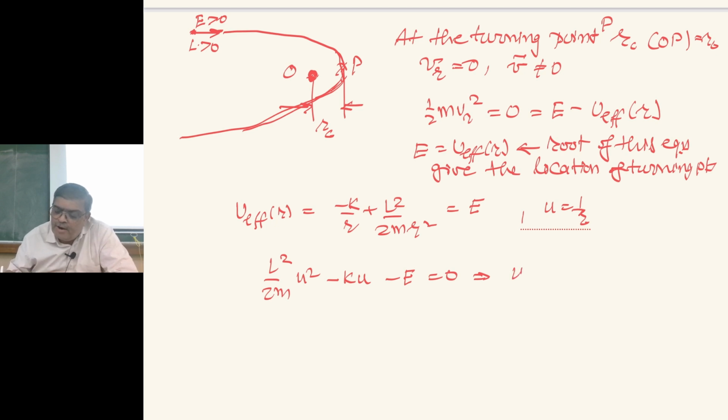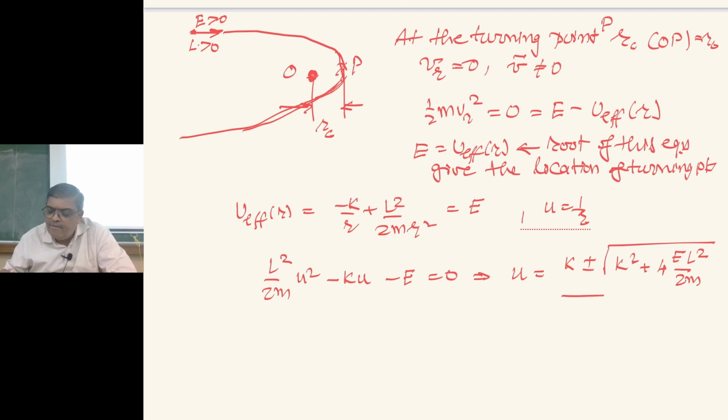So I'm going to find that u is equal to, what do I get? I'm going to get a k plus minus square root of k squared. There is a minus sign here, so this becomes a plus sign. I'm going to get a 4 times E times L squared by twice m, divided by twice the coefficient of u squared, which is going to be L squared by m.